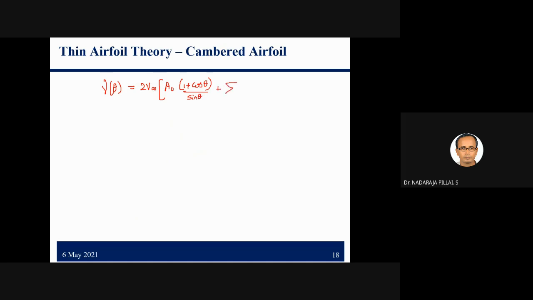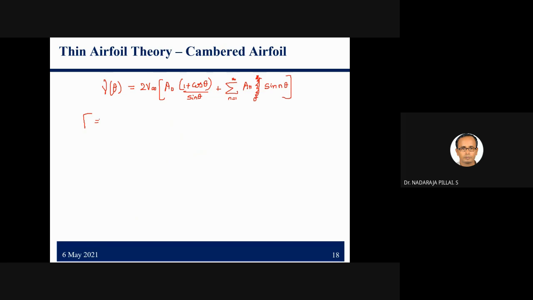plus the summation of n is equal to 1 to infinity, sorry, here An sin n theta, right? An sin n theta. So with the gamma of theta, we can calculate the total circulation gamma.